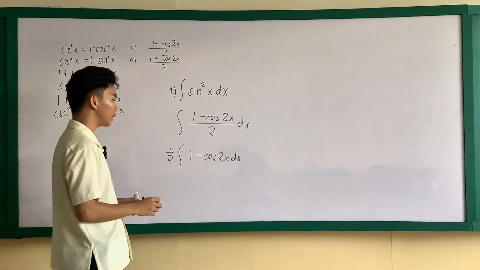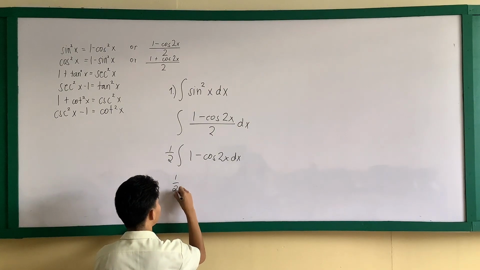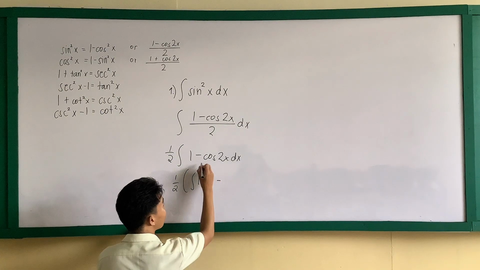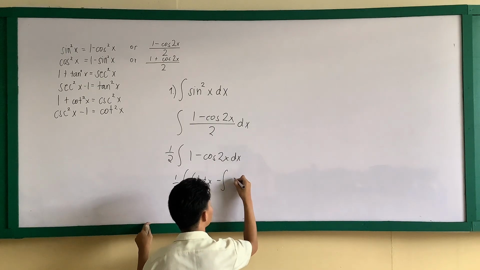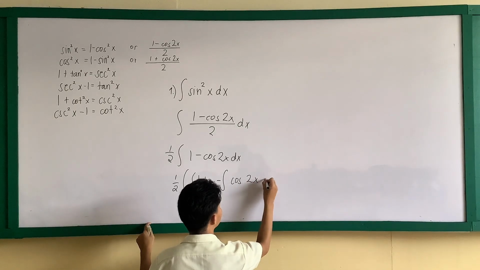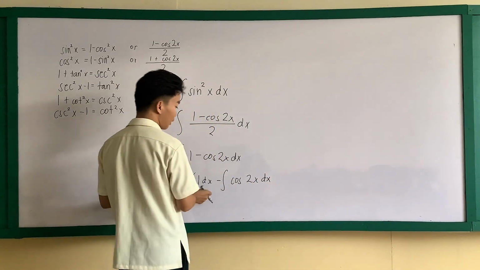So next is i-split natin siya. So 1 half times the integral of 1 dx minus the integral of cosine 2x dx. So next is integral natin siya isa-isa.